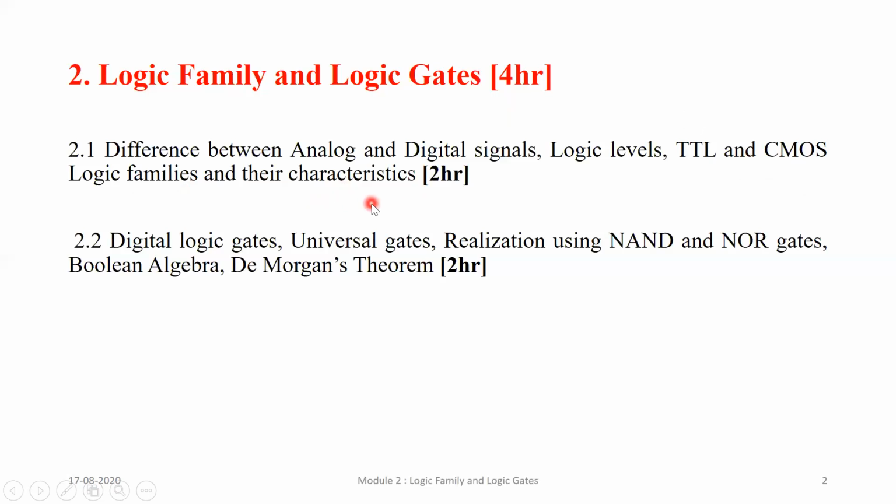So all the ICs that we are using in our lab, initially we will be using TTL ICs and CMOS ICs. See, when I studied, CMOS was in the invention stage. So we never used CMOS ICs. We were using TTL.